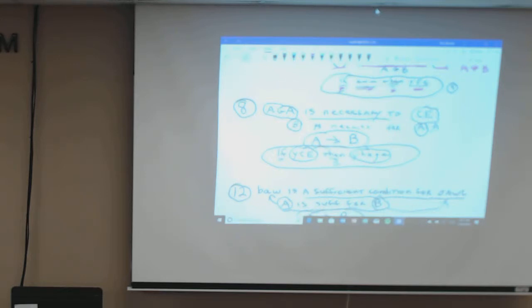A good argument is necessary to convince Eve. B is necessary for A is equivalent to what?